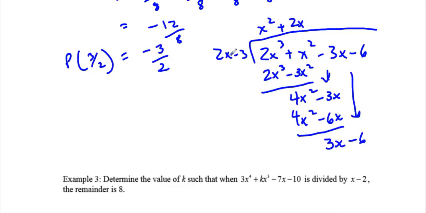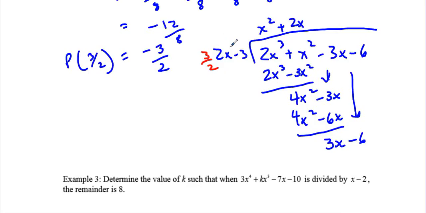What do I have to multiply 2x by to get 3x? That's a tricky one because the answer is a fraction. You have to multiply 2x, think about it, times 3 halves. I got to get rid of the 2 and I need to be left with a 3.